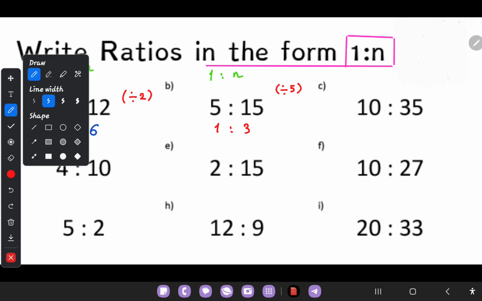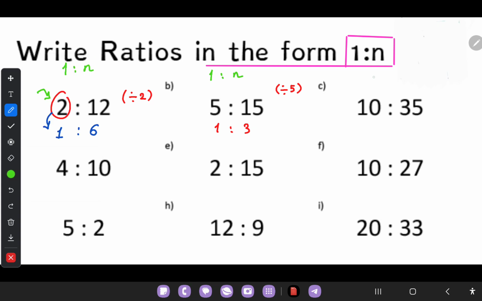No, I want to make the first term 1. How can I make 10 into 1? We can divide each term of the ratio by 10, even if we get decimals. Never mind if we get a decimal in any term of this ratio. So here I will divide it by 10.